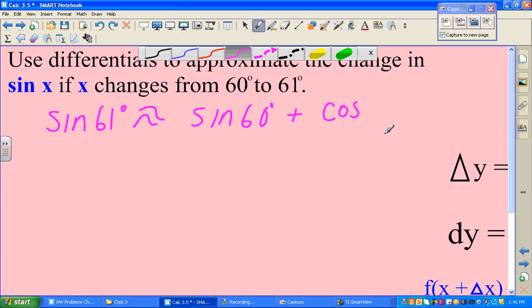Cosine, positive. And then 60, and how much is this changing by?